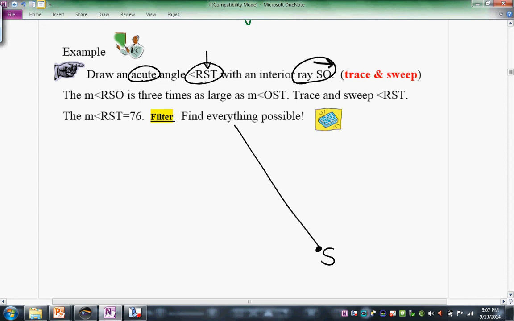Says it's acute, so it has to be less than 90. We have an interior ray SO. It doesn't say it's in the middle, so we're going to offset it.